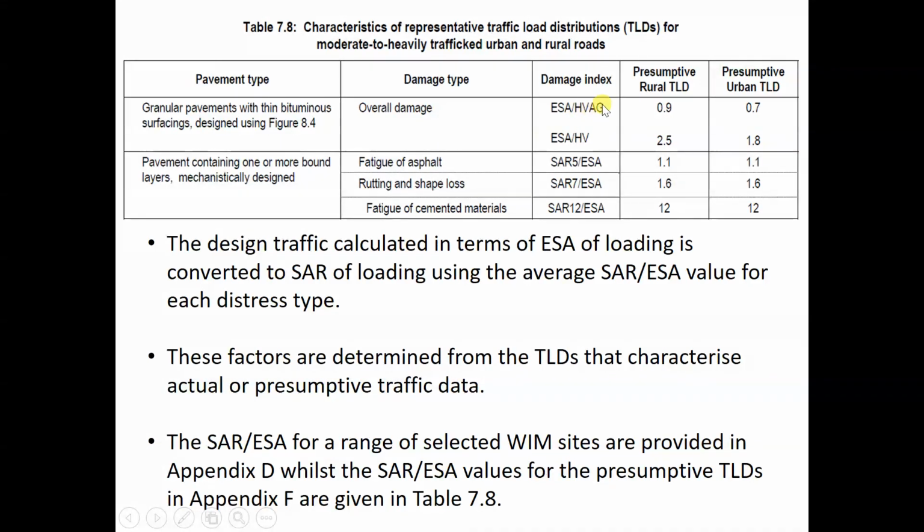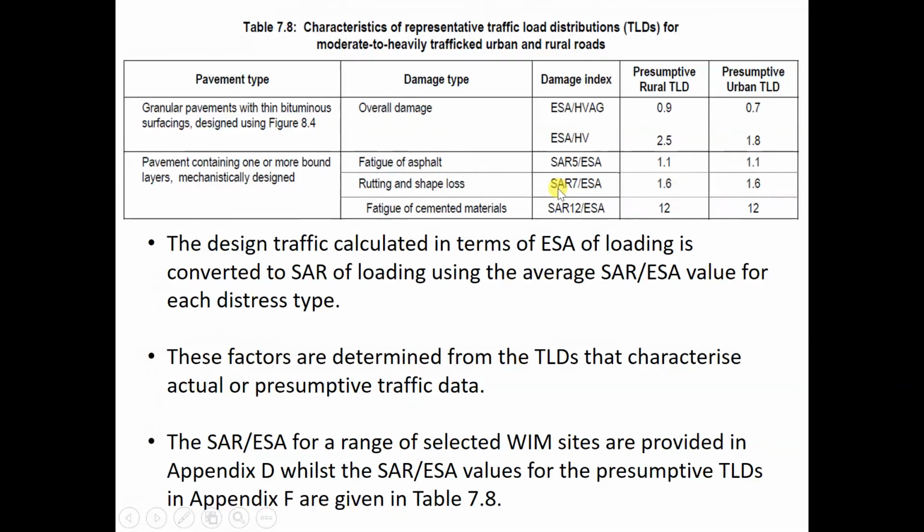So if it's just thin bituminous surfacing and then granular pavement, then you just convert from HVAG to ESA, 0.9 for rural and 0.7 for urban.